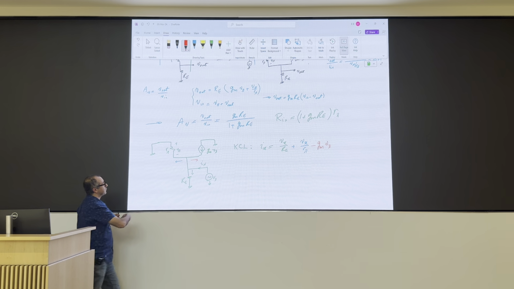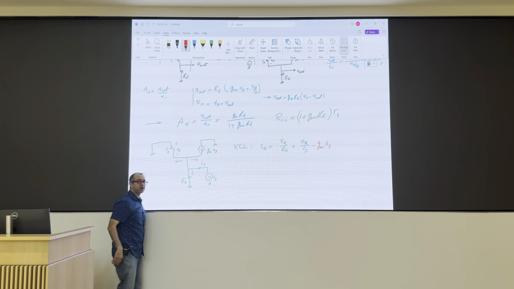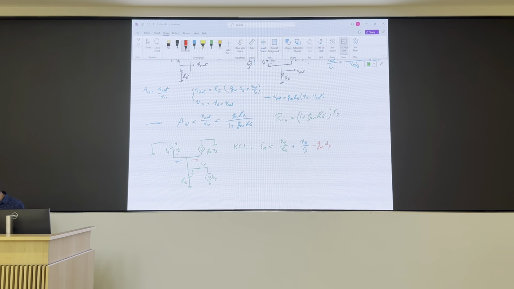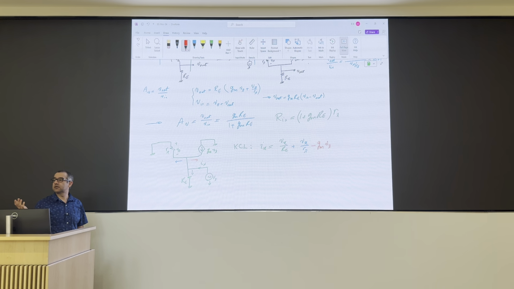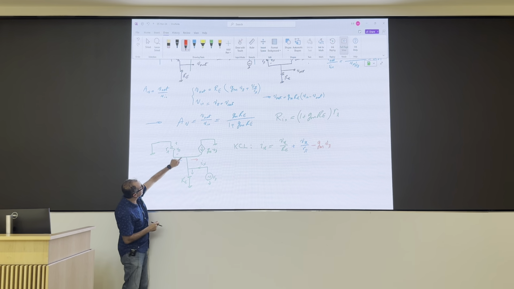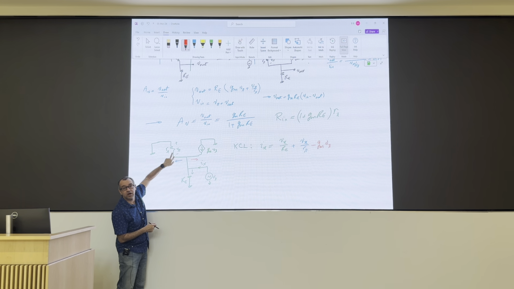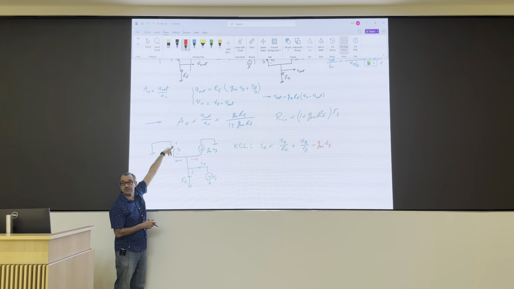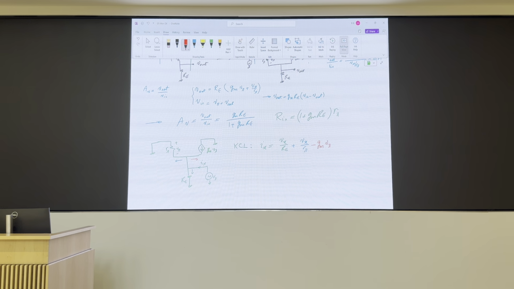Gm V pi is flowing this way, I imagine the current in that direction, so it's minus Gm V pi. So for Ix and Vx, I have an unknown V pi. What is V pi? How do I find V pi? It's equal to minus Vx, because I'm applying Vx to the bottom of R pi. Oh, sorry, V pi is equal to minus Vx.